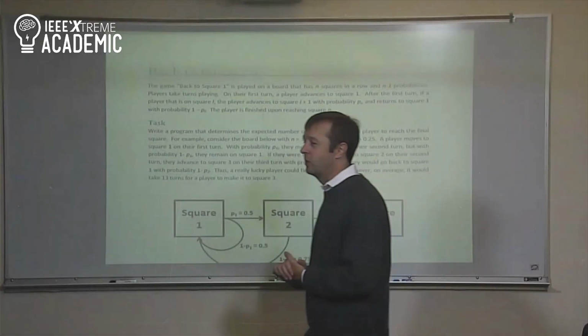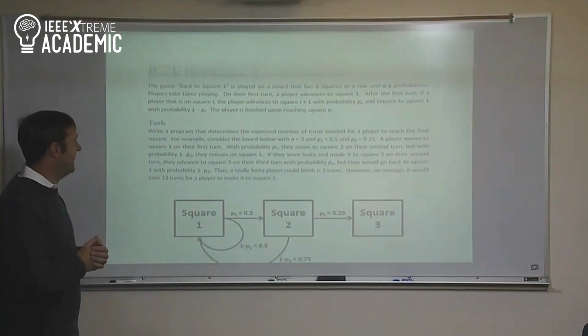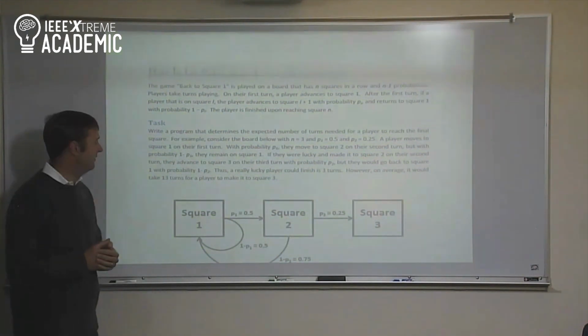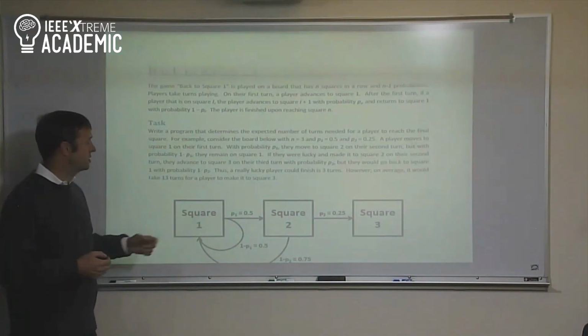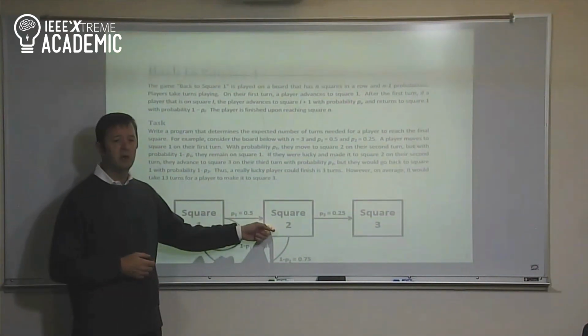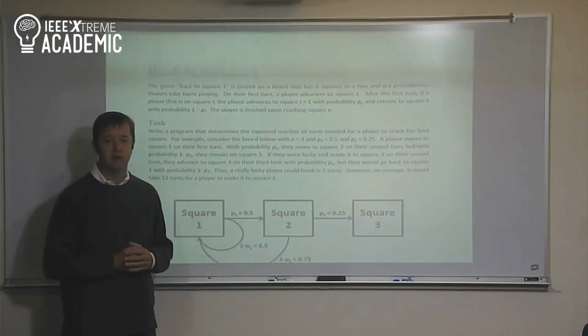All right, so with Back to Square One, the idea is we are playing a game, and on the first move of the game, you move to the first square, and then each subsequent move you advance to the next square with a certain probability, or you go back to the very first square.